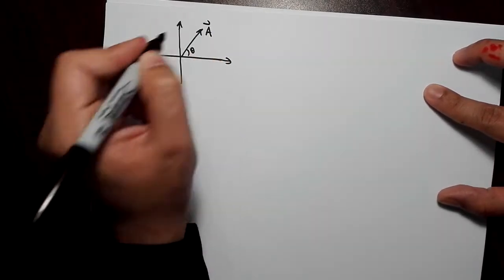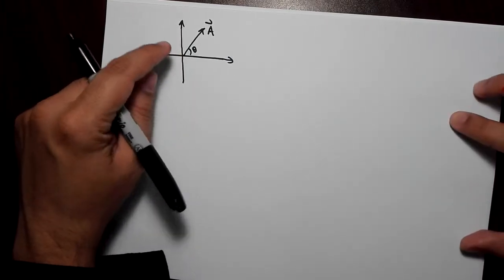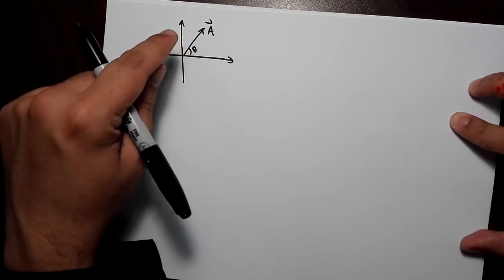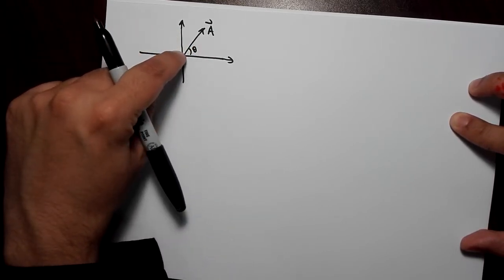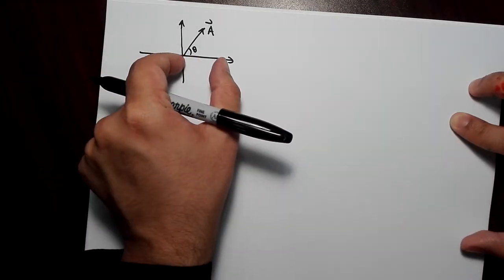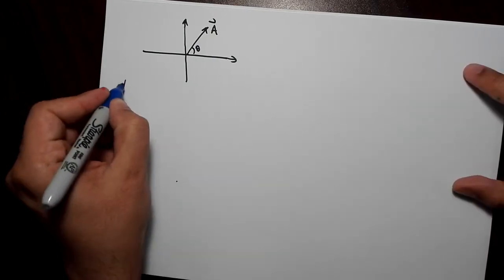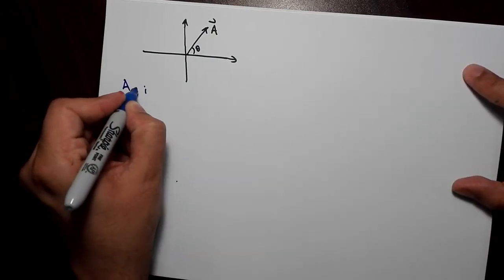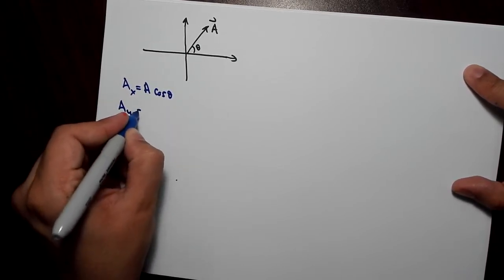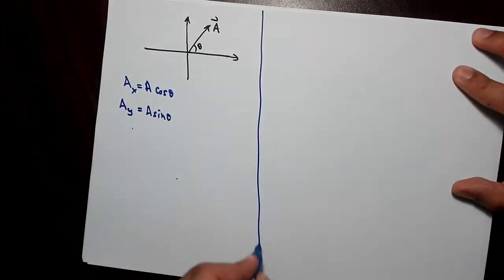So let's call this vector A. So if A is in this quadrant, Ax is A cosine theta and Ay is A sine theta. So this is what we've already seen, right?